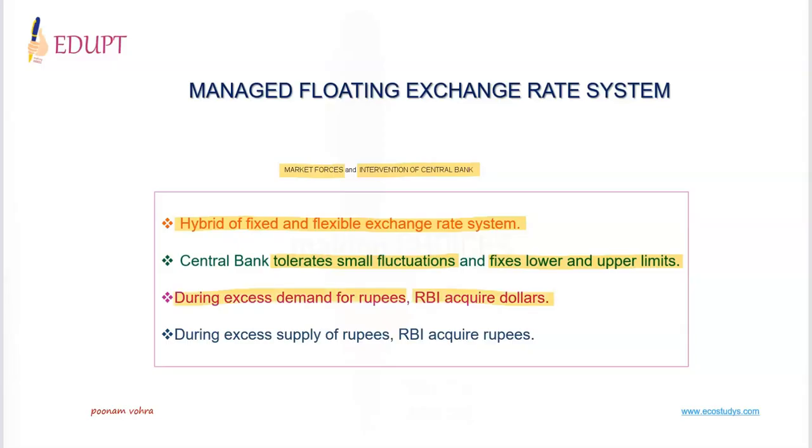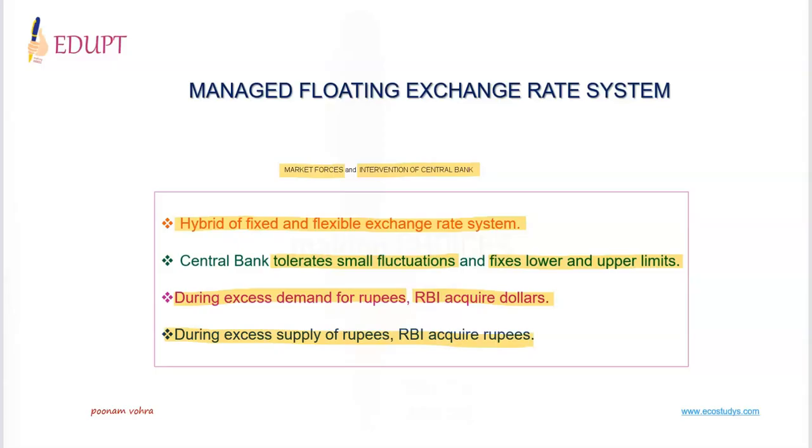If due to excess demand for rupees, value of rupee falls below a certain level, then RBI starts increasing the supply of rupee by selling rupee for dollars and acquires holding of dollars.